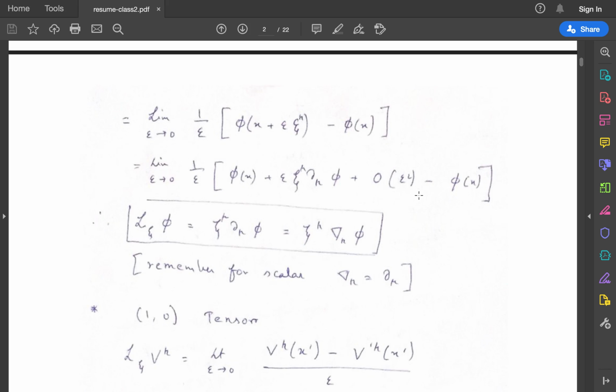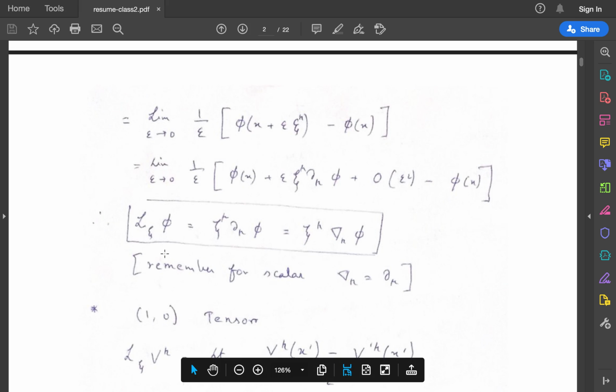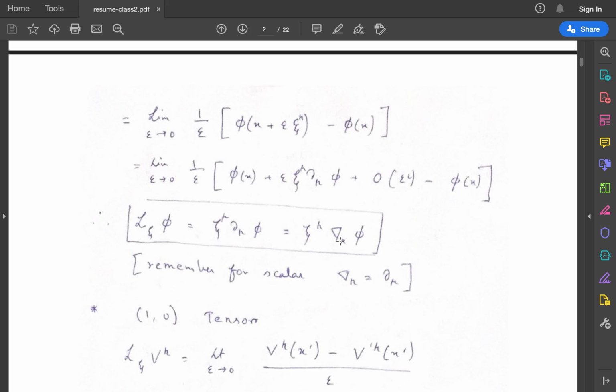If I do this expansion, you see that both terms cancel, and we get the definition of the Lie derivative of phi along this coordinate zeta. It is defined as zeta mu del mu of phi. And if I want a covariant definition, it is zeta mu grad mu of phi, because remember for a scalar grad mu equals del mu. So for a scalar there is no change. You can write either del mu or grad mu, because for a scalar this quantity remains the same.